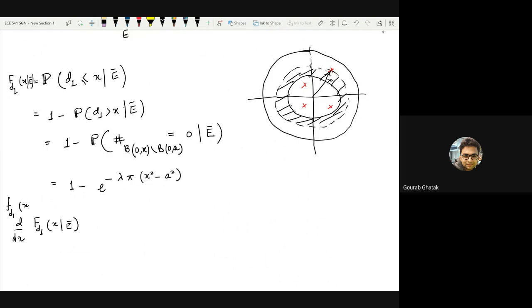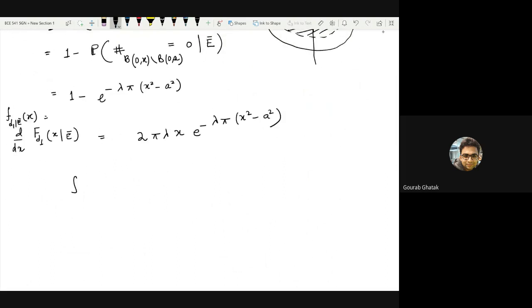So for a d1 which is valid when e bar is true, the PDF of that point is given by the differentiation of this, which is 2 pi lambda x e to the minus lambda pi x square minus a square.